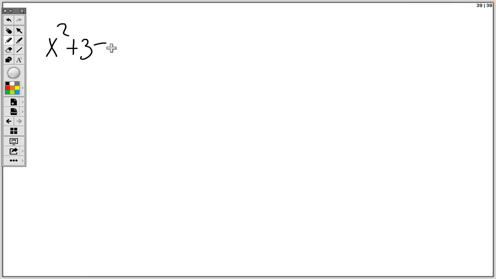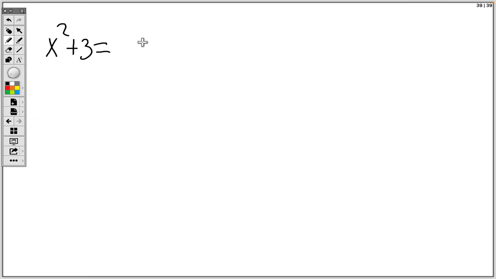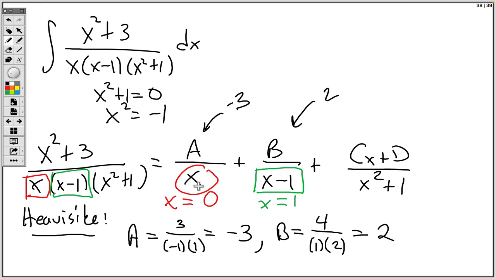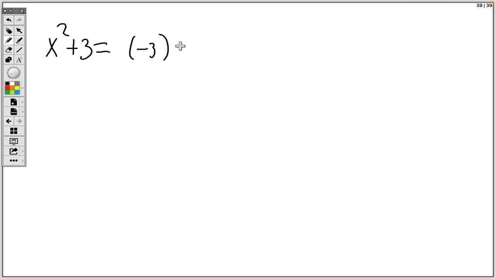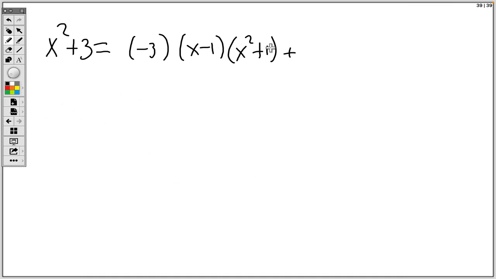x squared plus 3 equals. Multiplying through by the denominator, I'd have the a, which is negative 3. The factor of x would cancel, but the factor of x minus 1 and x squared plus 1 would remain. Plus I'd have b, which is 2.